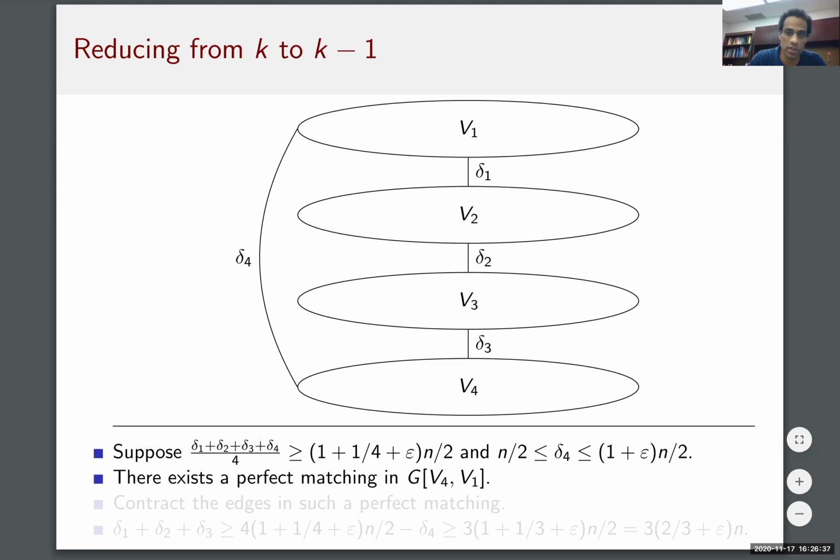So you get this perfect matching here from V1 and V4, and now all you need to do is contract the edges of it.